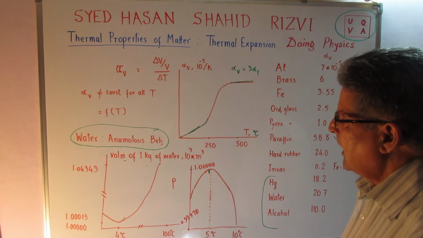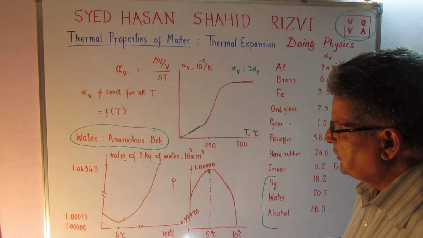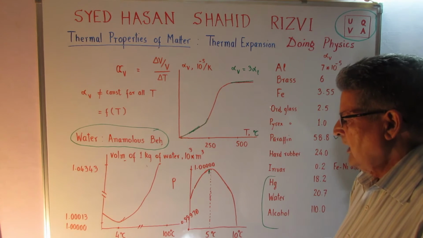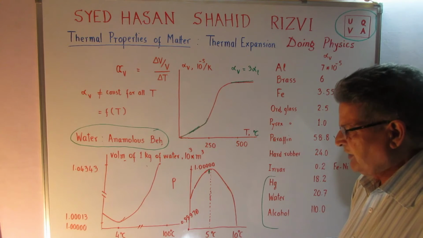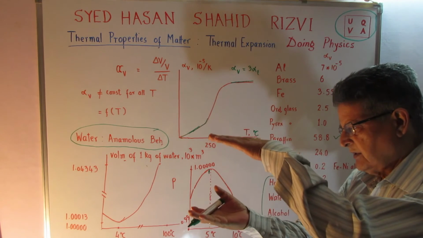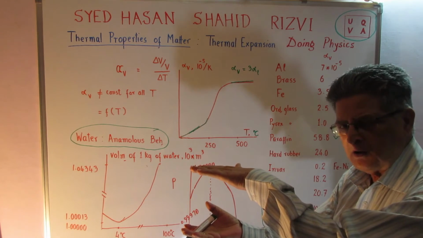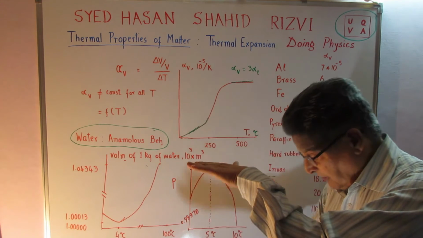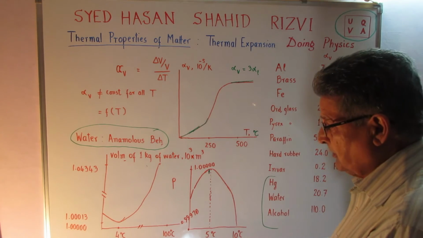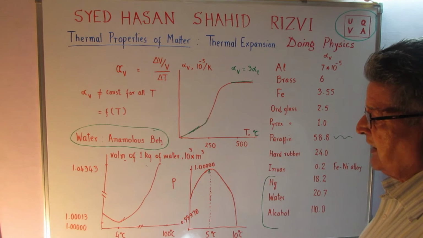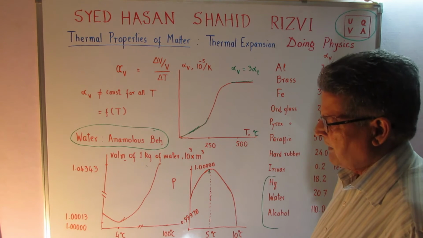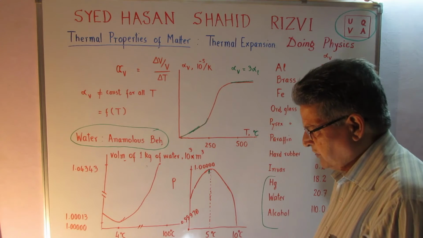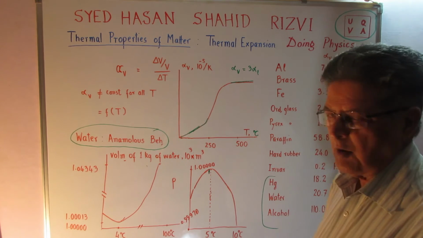As the temperature decreases, this frozen layer becomes thicker and thicker, but the bottom of the water body is still in the liquid form.